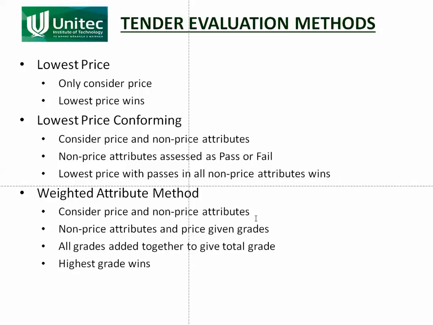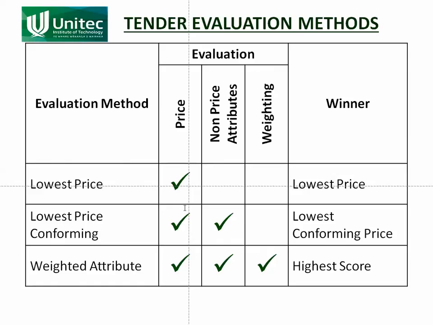So that allows you to distinguish between how good each tenderer is in each one of those attributes. Just looking at those, the lowest price is just looking at price, lowest price conforming is looking at the price and non-price attributes, and the weighted attribute is looking at price, non-price attributes, and weights them as well. So that's a little table that summarizes what we talked about before.